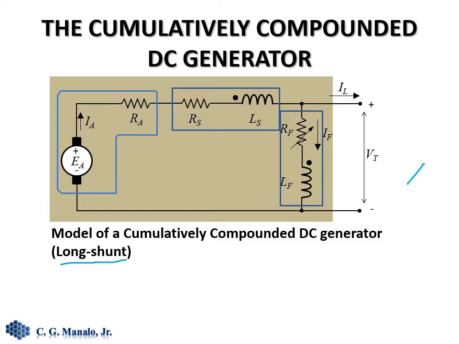So the series field is exactly the same as the field for the series DC generator, and the shunt field is exactly the same as the shunt field described in the self-excited DC generator.